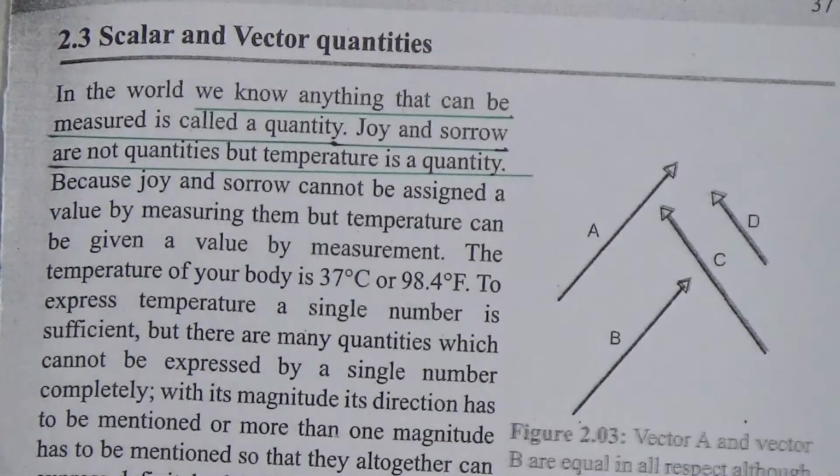Now the quantity which can be expressed only by a single number is called a scalar quantity. On the other hand, the quantities for which direction has to be mentioned in addition to magnitude are called vector quantities.